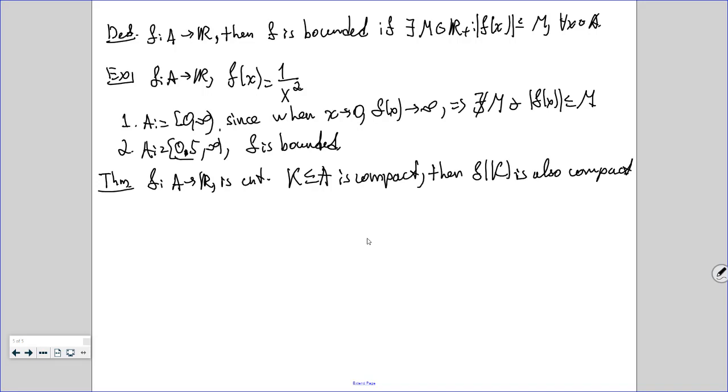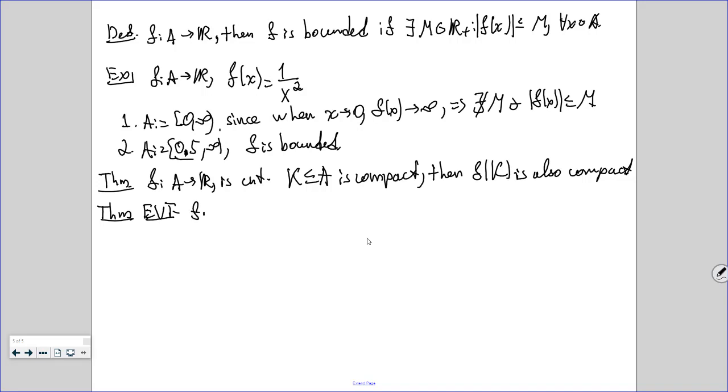If we combine this theorem with the observation that compact sets are bounded and contain their supremum and infimum, then we get a very famous theorem, the extreme value theorem.